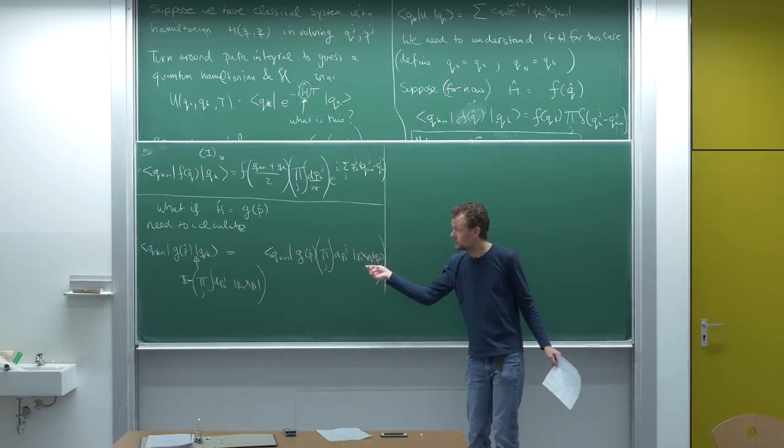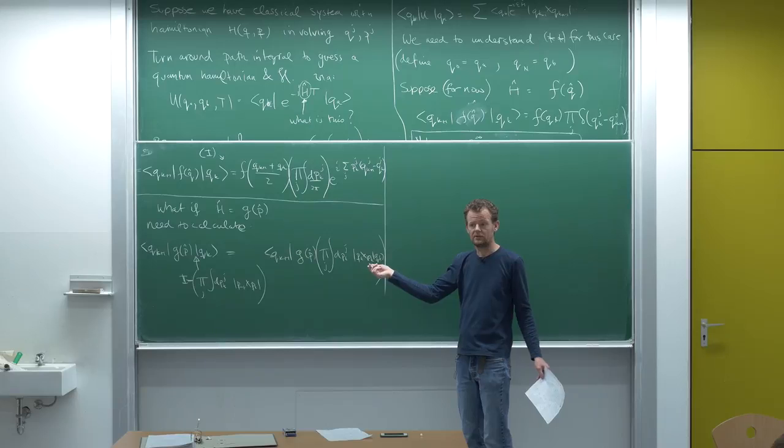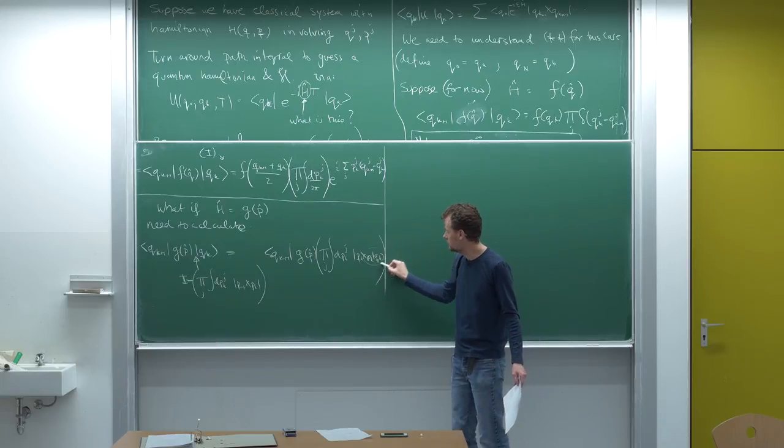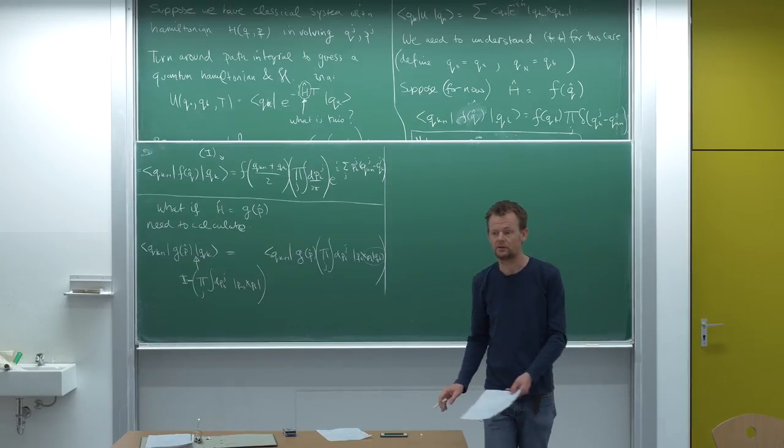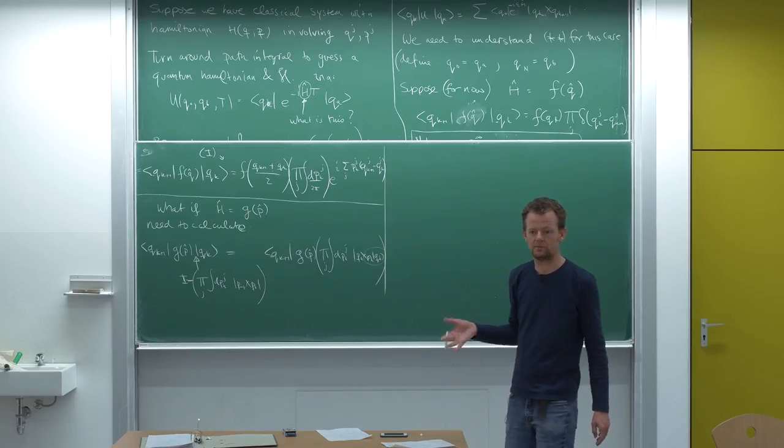And when we insert a complete set of momentum eigenstates into such an expression here, we encounter that inner product here between a momentum and a position eigenstate. So that is a Fourier phase, right?